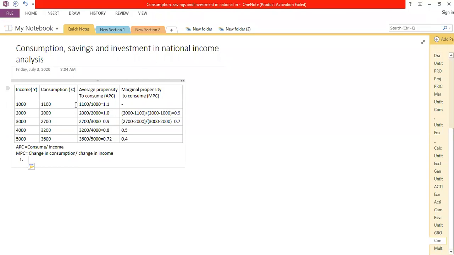From our table, we can see that the consumption increases. Consumption increases with an increase in the level of income. Okay?